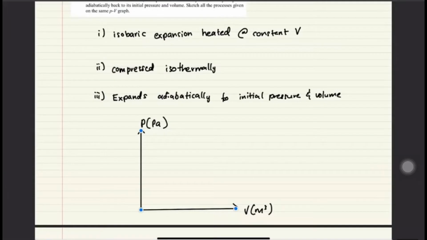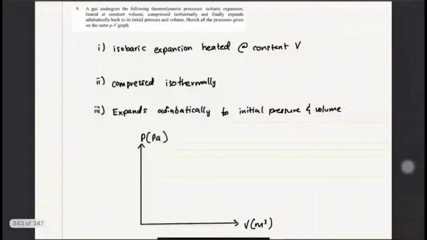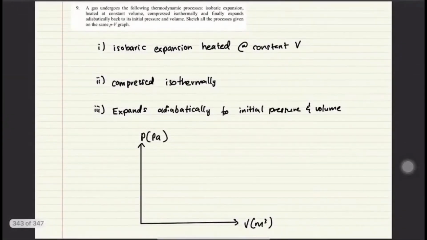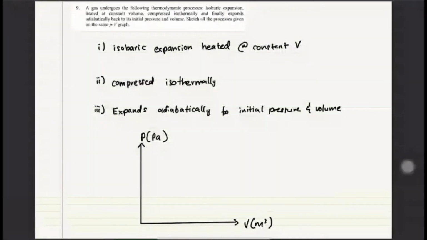Sir, isobaric, volume. Sorry, pressure. Kan? Okay, it's okay. Isocoric, constant volume. Maksudnya dia ada dua proses tadi ya. So pertama sekali isobaric expansion. Lepas tu yang kedua heated at a constant volume. Betul ke tak?